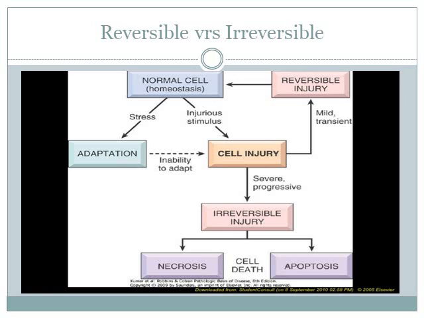Now it also depends on the type of cell that we have. Not all cells are created equal. Certain cells are very adaptive, like muscle cells, and other cells are very unadaptive, like your neural cells, brain cells. So the type of cell can take different types of stresses before it is determined to be irreversible or reversible.